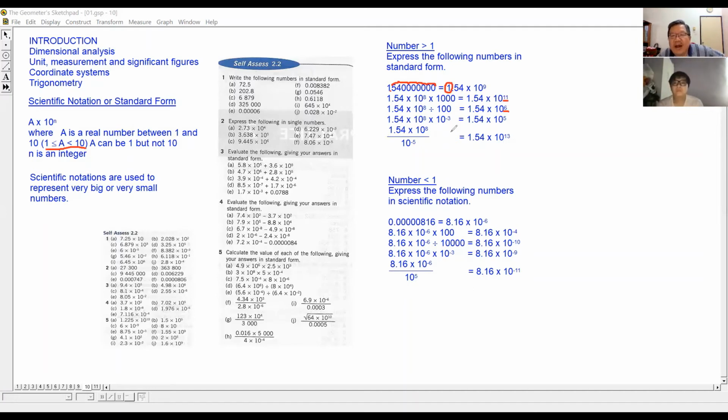So I have to add up this index with this index. Why add? Because of multiplication. So when I add 8 with negative 3, you have only 5. Is this okay? This is a matter of the law of indices.